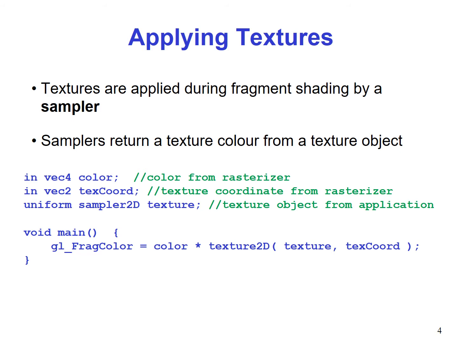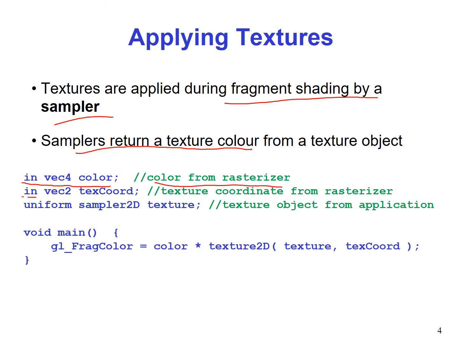Textures are applied during fragment shading by a sampler. Samplers return a texture color from a texture object. Here is the sample code. We have an in vec4 color that comes from the rasterizer. Remember that the vertex shader passes color down the pipeline, but it eventually goes to the rasterizer before it enters the fragment shader.